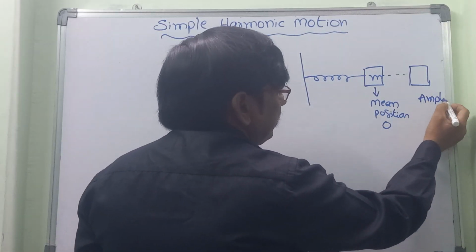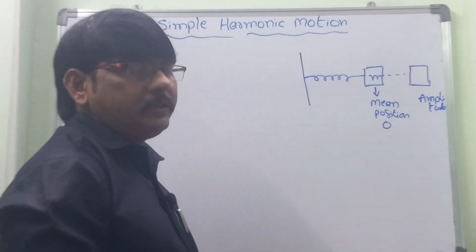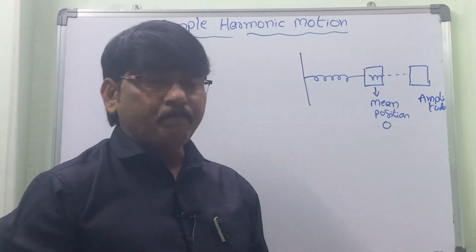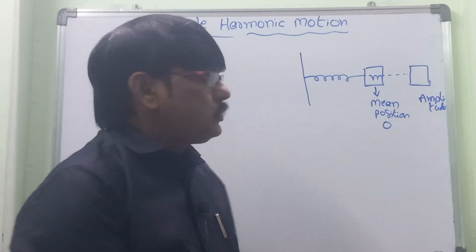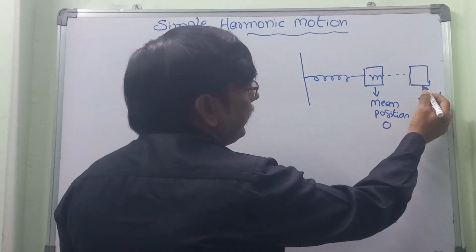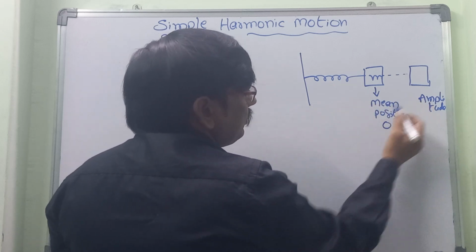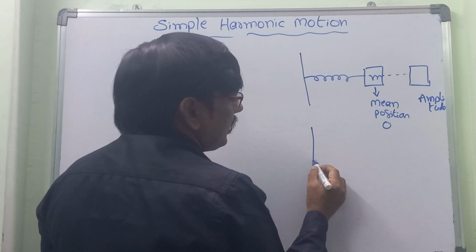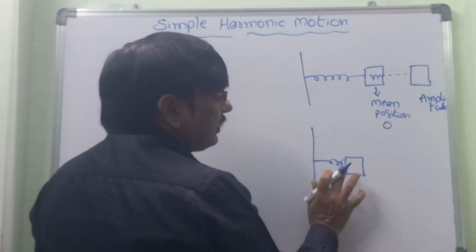Here is this amplitude, and the object won't stay there, due to the restoring force, which makes the object move back. Because of that restoring force, the particle starts moving towards this side again, and the mass of the object will come till here.